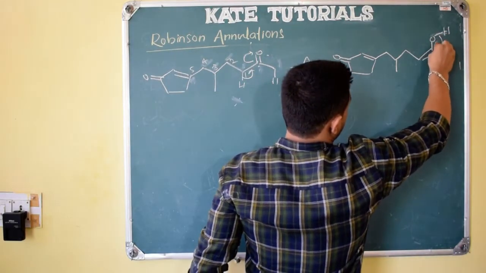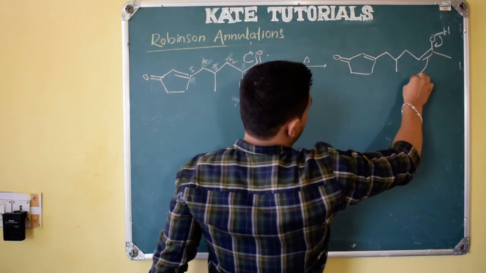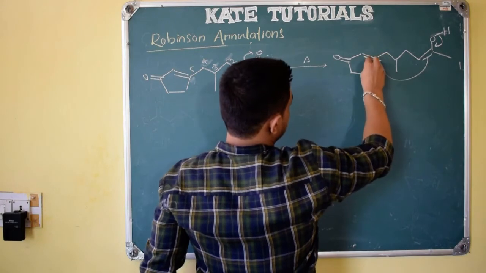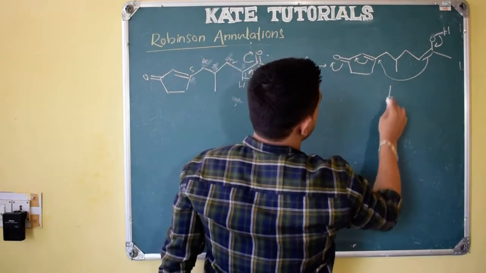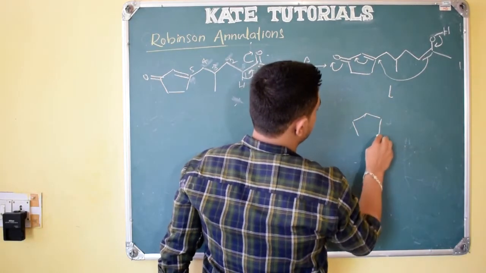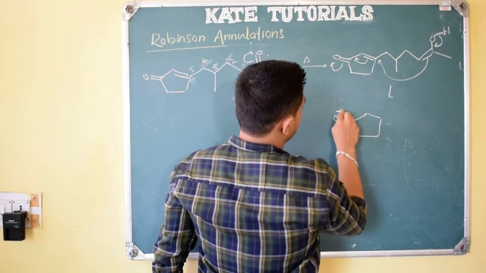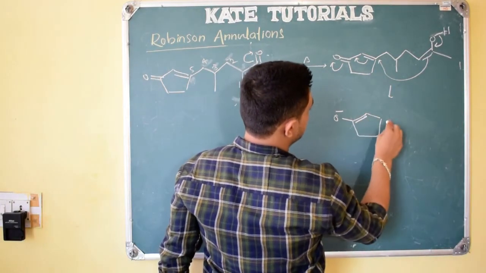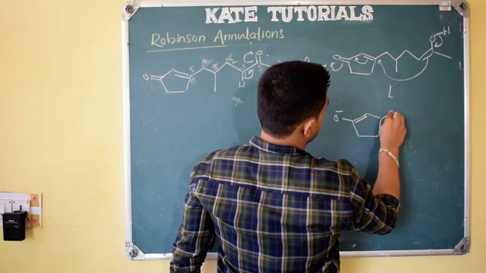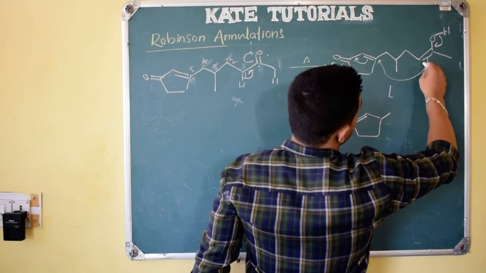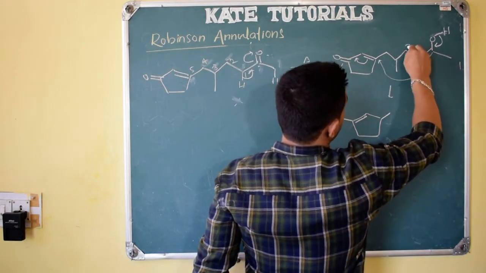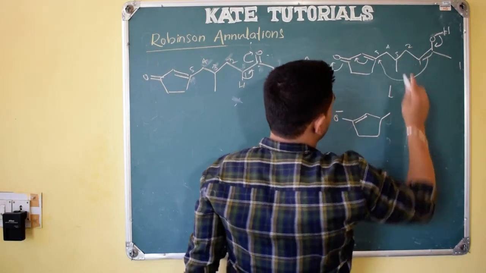And again electron density moves here. Now it will attack this, and this will shift here. This electron density comes on oxygen. So what happens? See here, O minus, double bond comes here. This becomes, from this carbon, 1, 2, 3, 4, 5-membered ring.